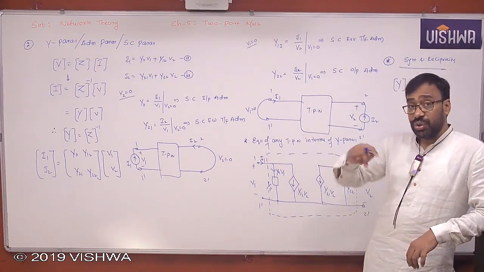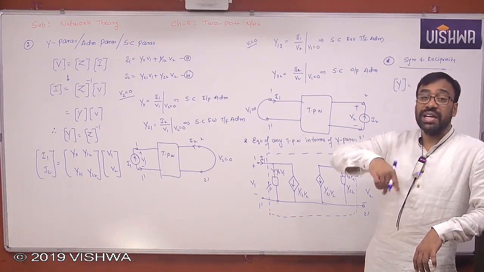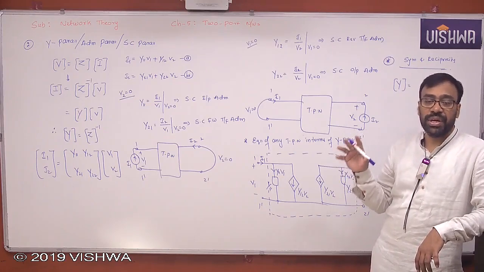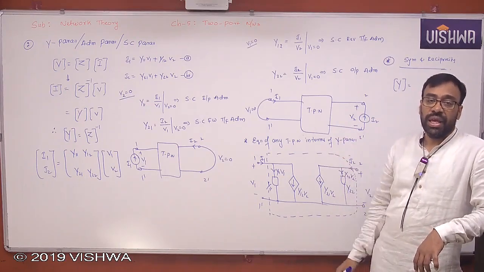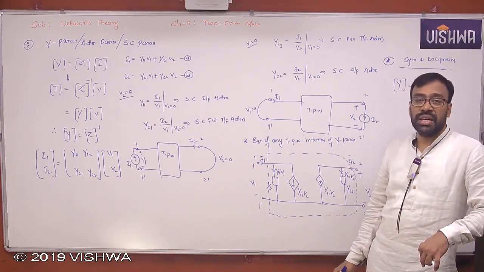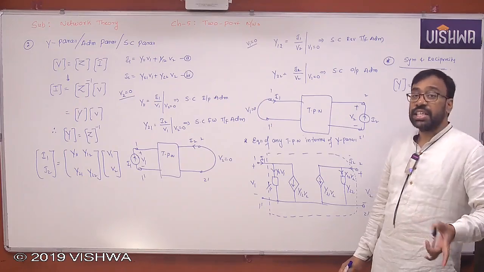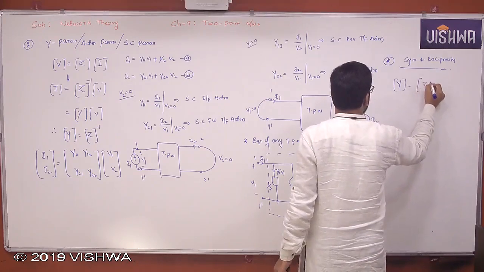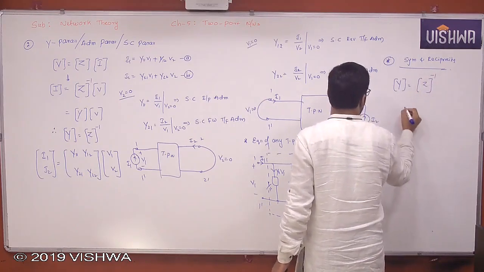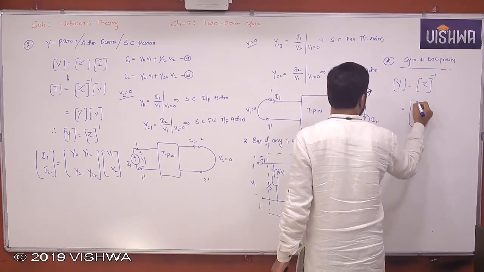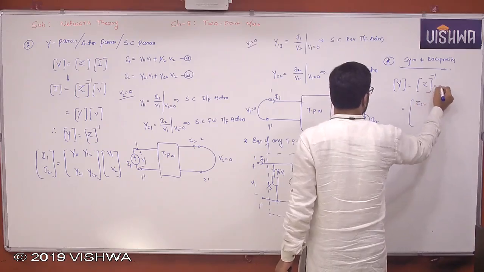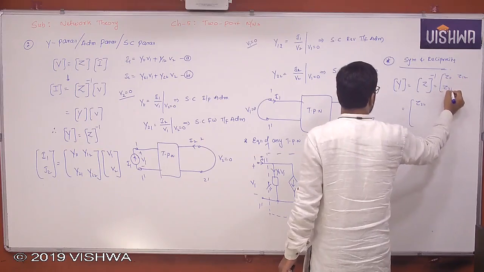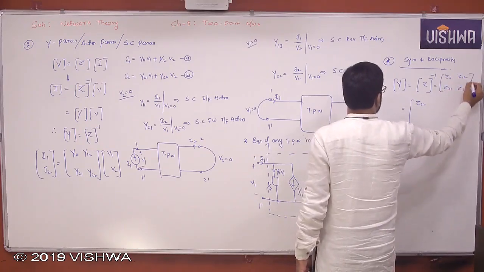But you also know how to express Y in terms of Z. Because you know the conditions in terms of Z, if you want the conditions for symmetry and reciprocity in terms of Y, express Y in terms of Z. So what is Y? Y is nothing but Z inverse. So what do you get here? This is nothing but Z11, Z12, Z21, Z22 inverse.